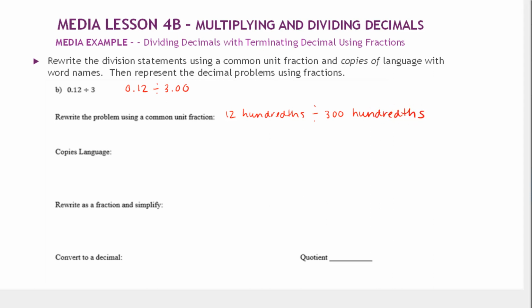In copies language, we're asking how many copies of 300 hundredths, that's a mouthful, are in 12 hundredths?